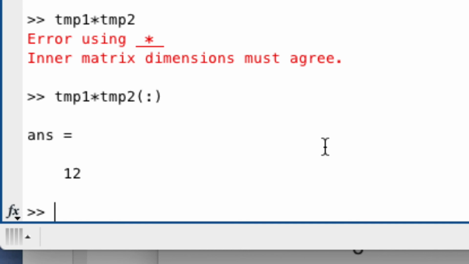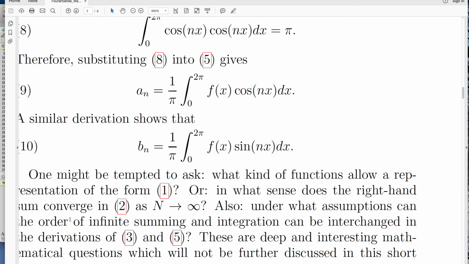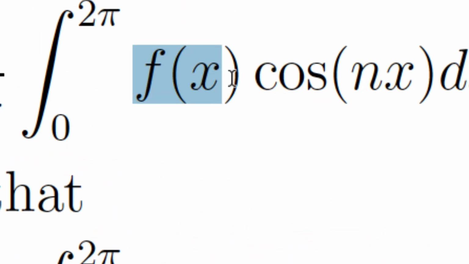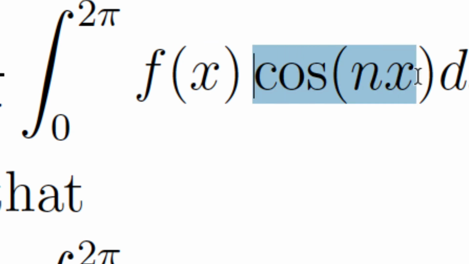But this is not what I want when computing the integral, because in computing the integral, we want to multiply a function of x by another function of x. We want to multiply these function values at each x point.